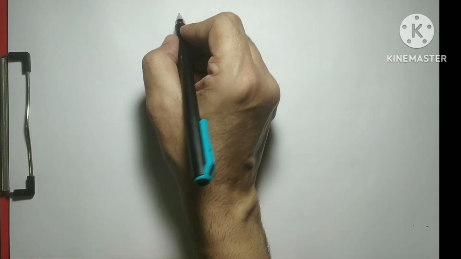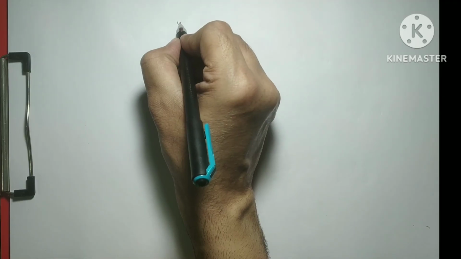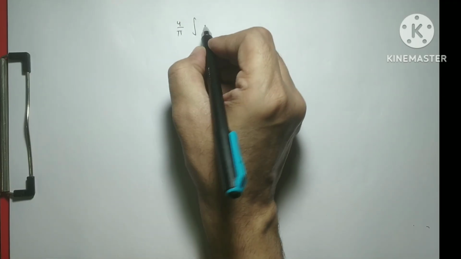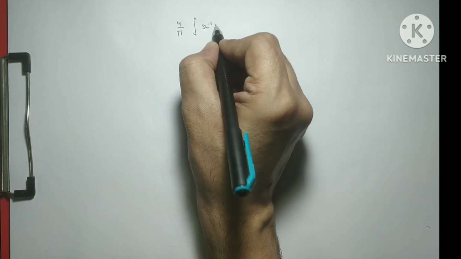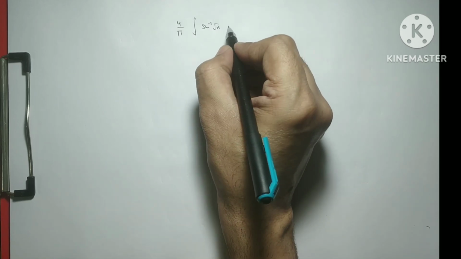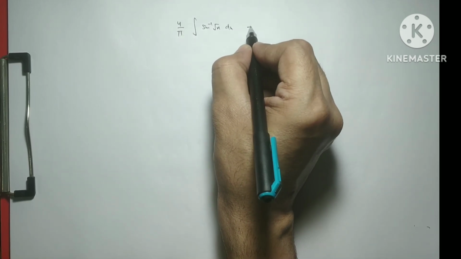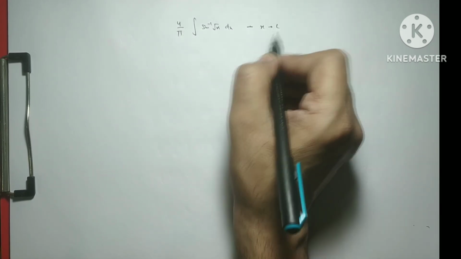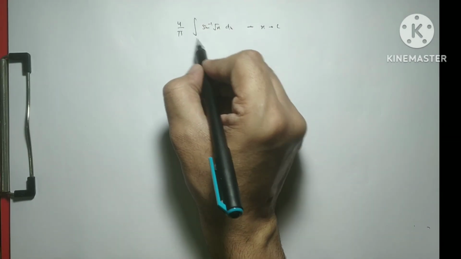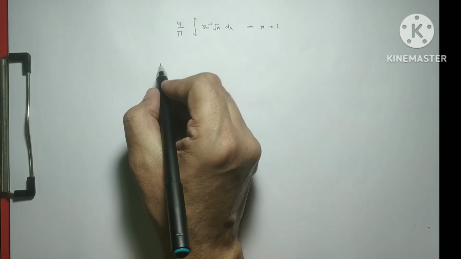Right now we have 4 over pi sine inverse root x, and this is minus x plus c. So we want to integrate this, we take it separately.